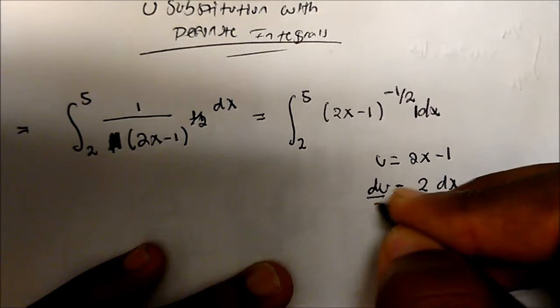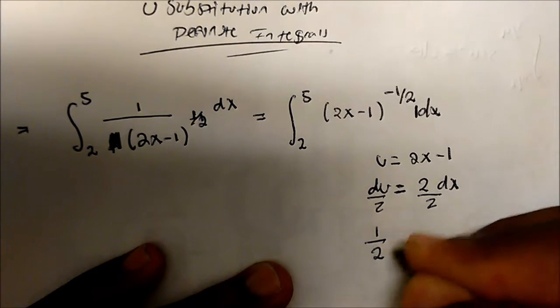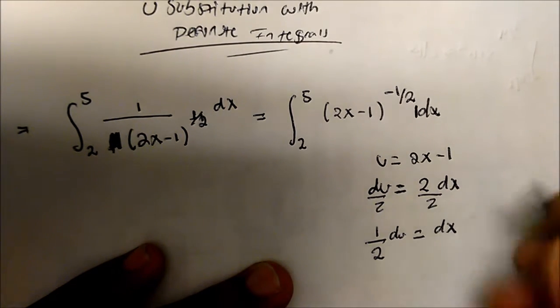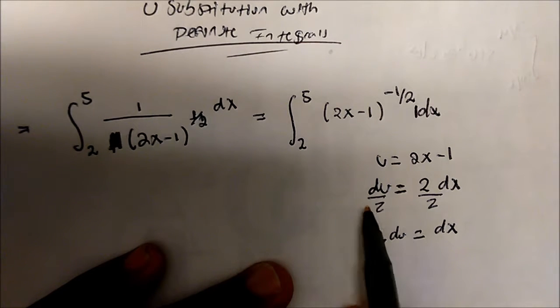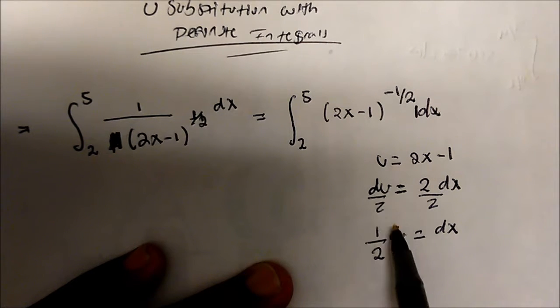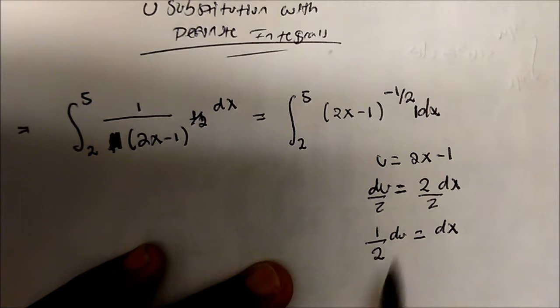Dividing by 2 on both sides, I get 1/2 du is equal to dx. And I just factored out my 1/2 here. This is the same thing as du divided by 2. I just decided to write it like that. So now we have a 1/2 du that will substitute for dx.